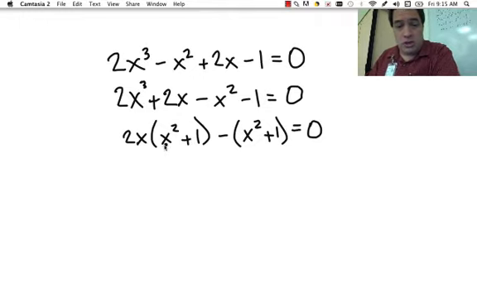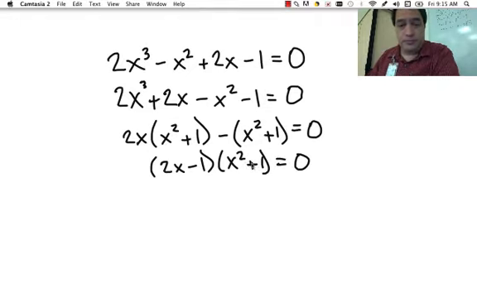As you can see, they both have x squared plus 1. What that allows me to do is to regroup it, this -1 with this 2x: 2x minus 1 times x squared plus 1 equals 0.